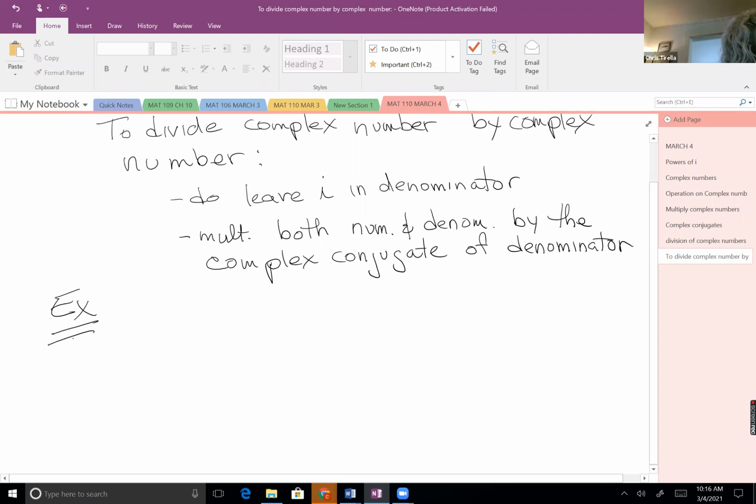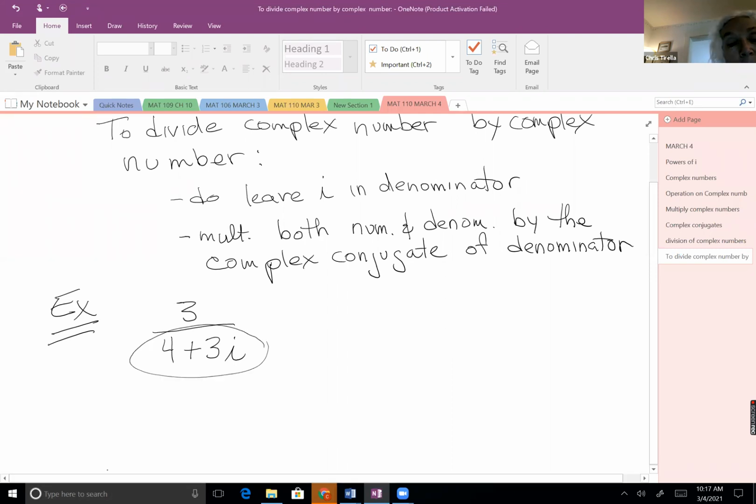So for our first example, let's look at something like 3 over 4 plus 3i. Again, we're going to focus on that denominator.